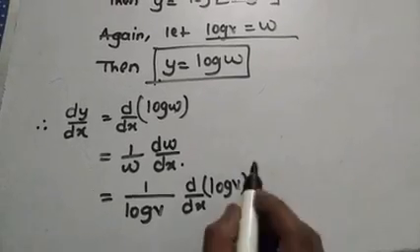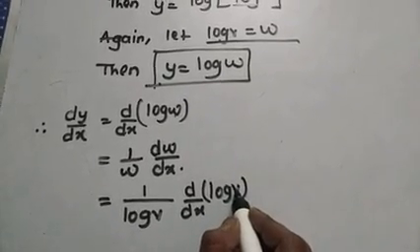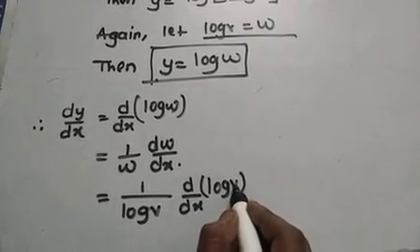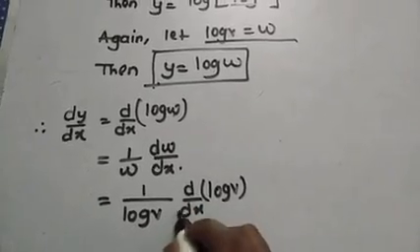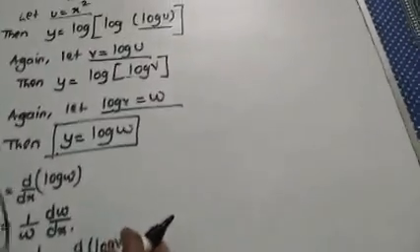Okay, now d dx of log v, log v derivative is 1 by v, so we'll put that value.